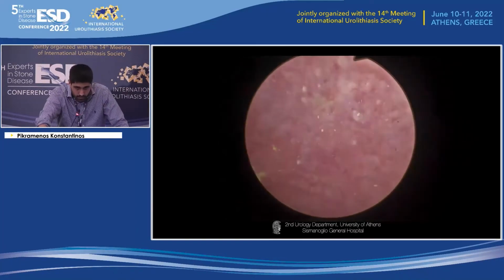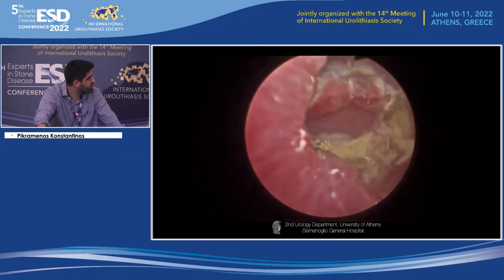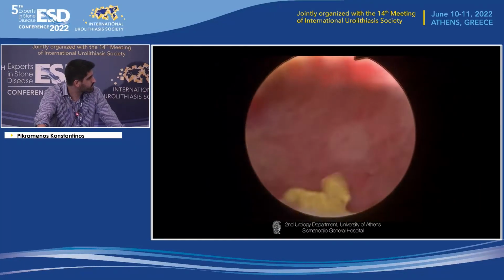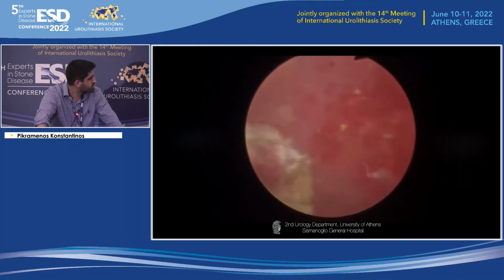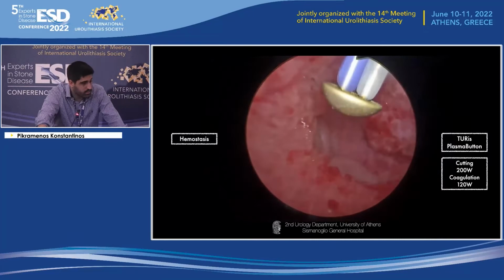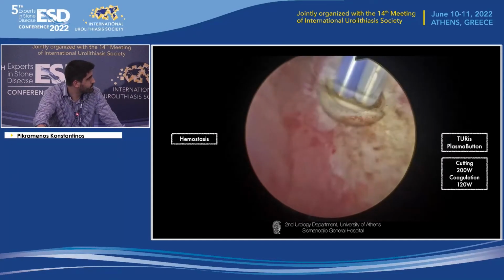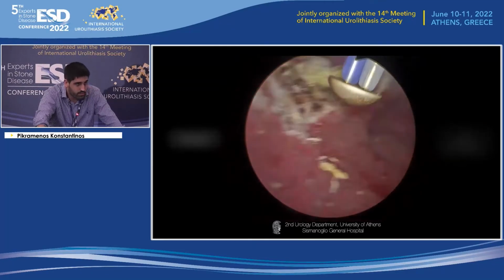We remove all the fragments. And finally, we perform hemostasis with a Tourist plasma button on the lip of the ureterocele.